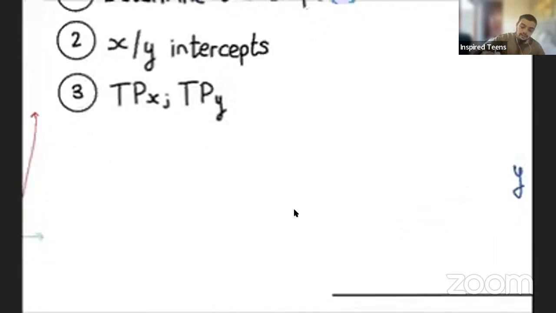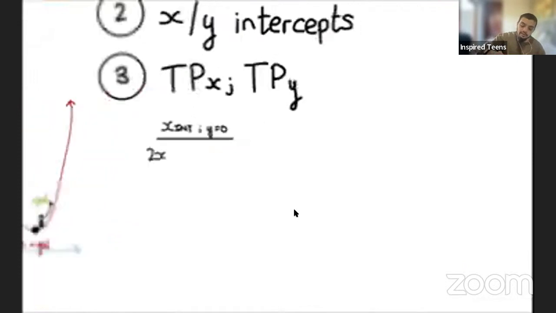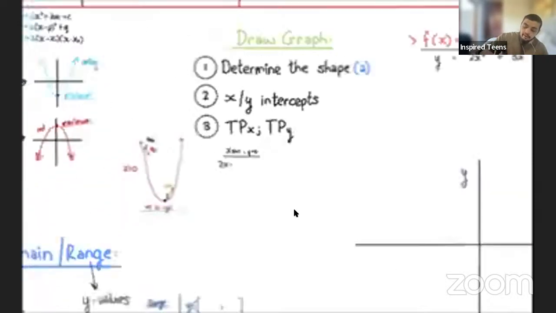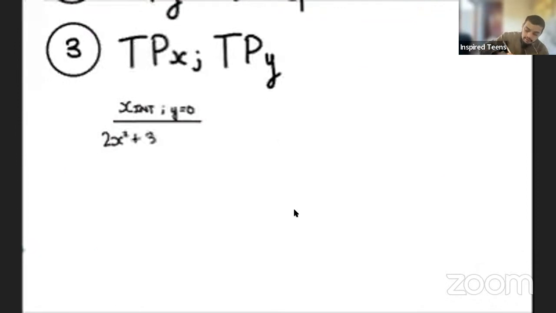So x and y intercepts, that's simple, because in order to determine the x-intercept, we need to make y 0. Remember, f of x is equal to 2x squared plus 3x minus 5, which is the same thing as y is equal to 2x squared plus 3x minus 5. We're not going to be able to finish at 40, but nevertheless, we equate this to 0, and we factorize.